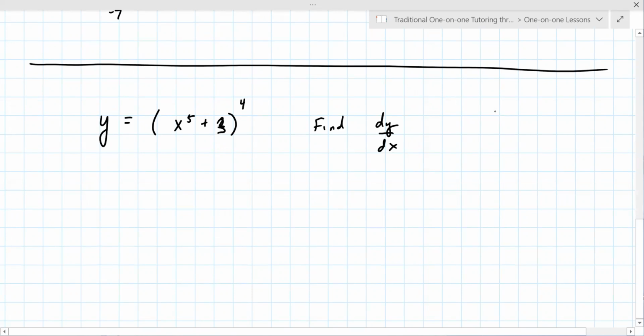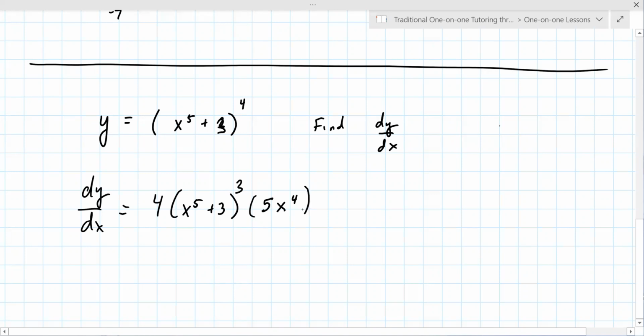So this is power rule followed by chain rule. It's power rule because that's the outermost function. So your dy dx is 4 times x to the 5th plus 3, subtract 1 from the exponent. And then you have to take the derivative of the inside function here, which is 5x to the 4th. Now, because it's multiple choice, this answer probably won't be correct.